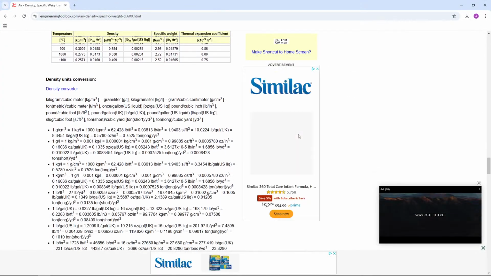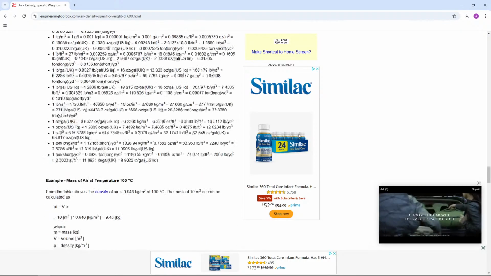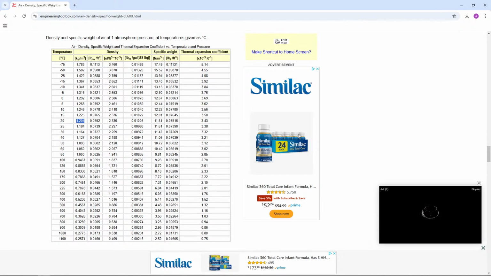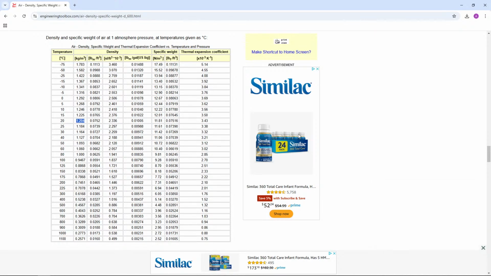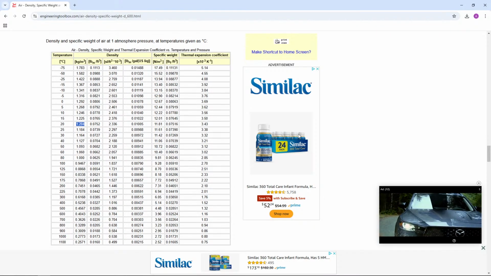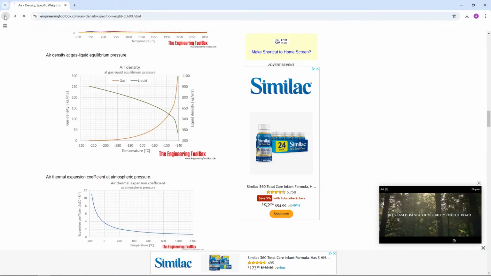So here we have the density, and what do we need? We also need the viscosity. So let's Google this one also.